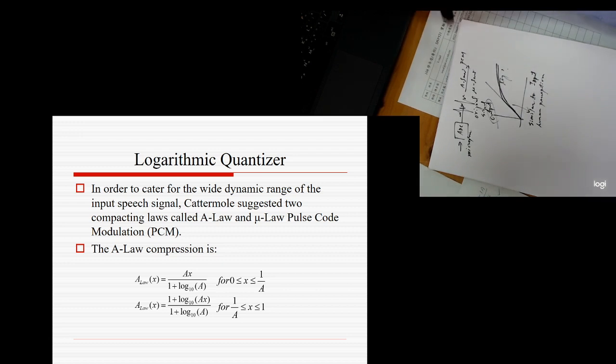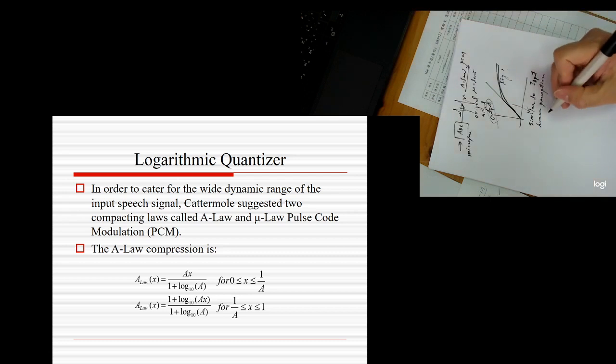So we apply a little bit of log scale to make sure the amplitude is a little bit similar to human ear perception. Okay, so this is what we call A-law and mu-law.